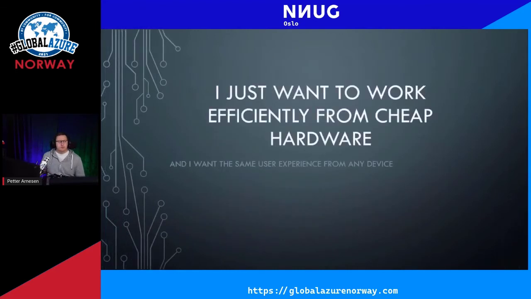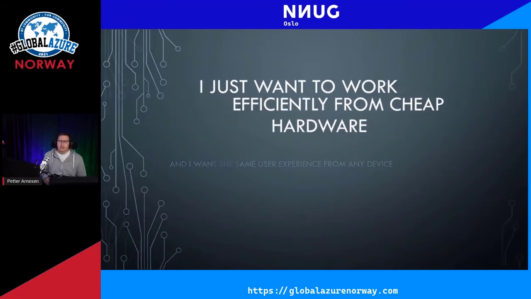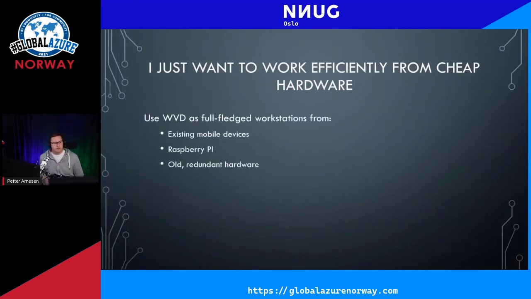But what if you just want to work efficiently from cheap hardware and preferably have the same user experience from any device out there? You can use Windows Virtual Desktop as a fully fledged workstation using existing mobile devices, something cheap like the Raspberry Pi, or old and redundant unused hardware that you have laying around.